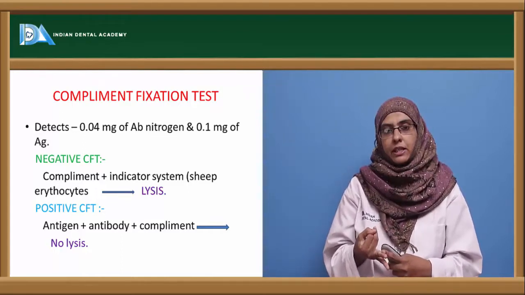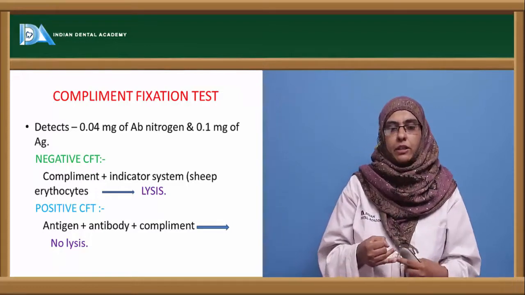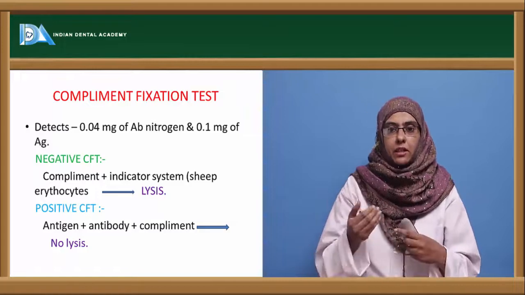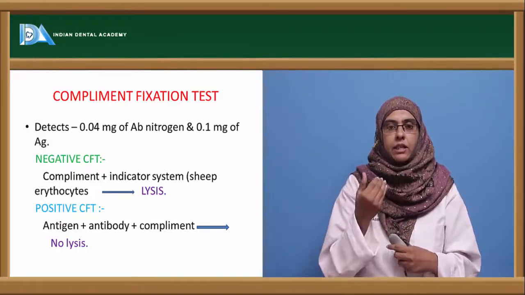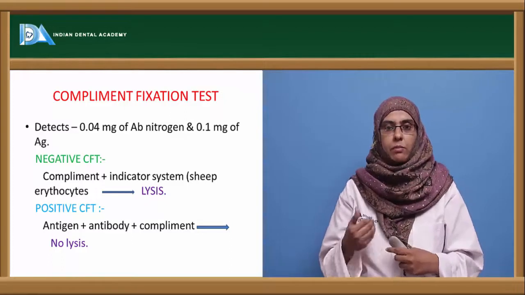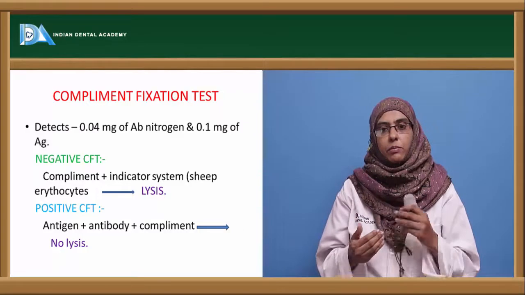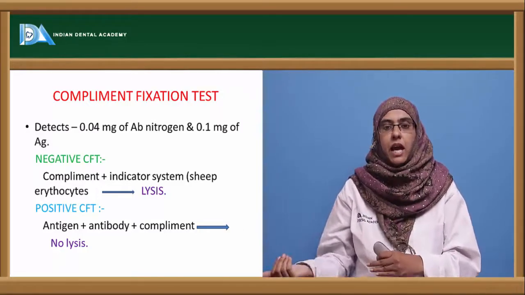In this test, first the antigen and antibody are incubated for a certain period of time so that the interaction takes place. Then we add the complement so that if there is a specific antibody towards that particular antigen, the complement will be fixed. This step helps us to know whether the complement has been fixed or it is free to react with the sheep RBCs and the antibody.